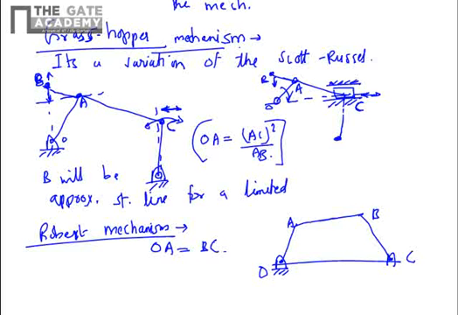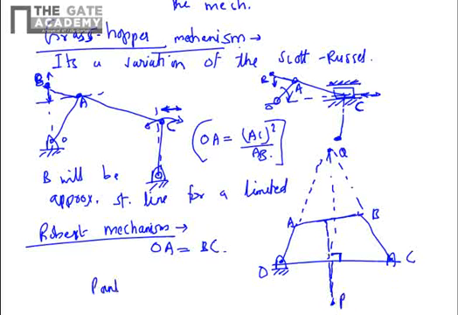Just OA should equal BC. Then if you draw a line through the perpendicular bisector of AB, and also extend the OA and BC links, they will intersect at some point, say Q, and from this Q you draw a perpendicular to OC. These two lines will intersect at some point P.